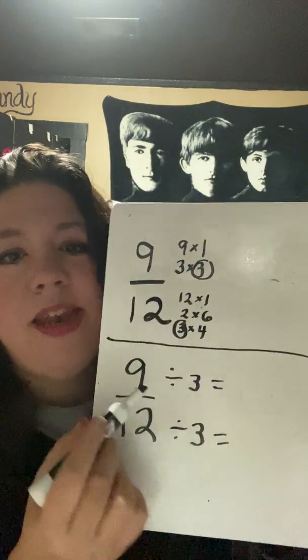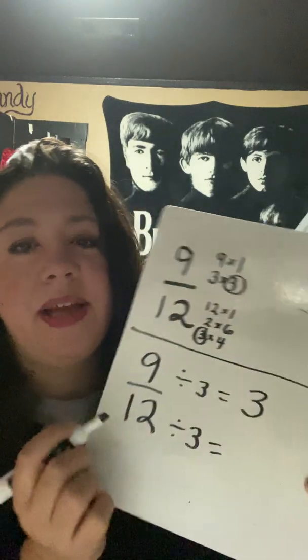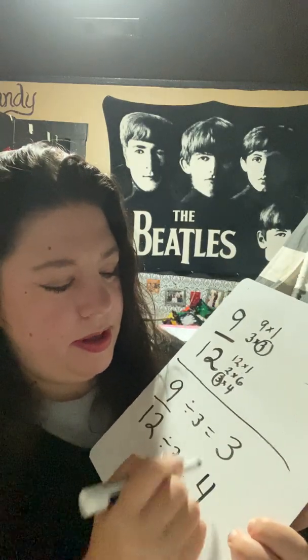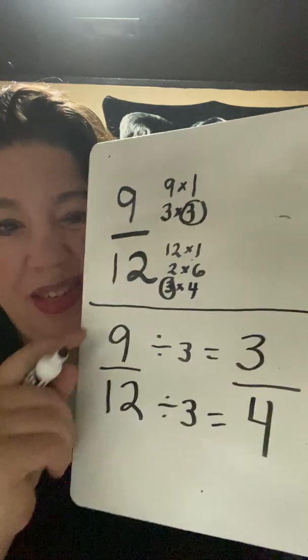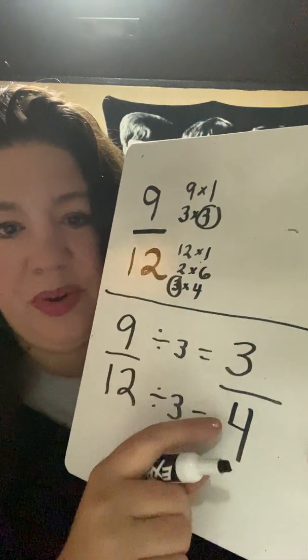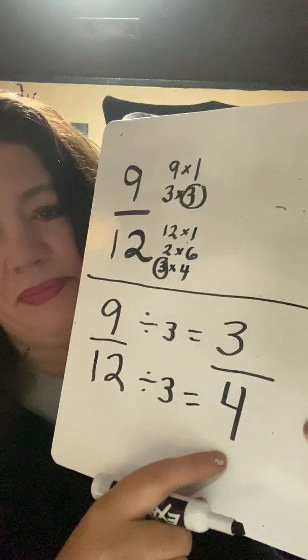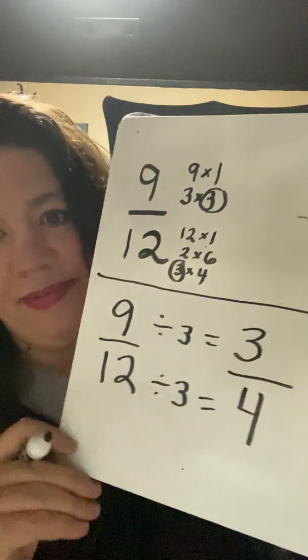Well, 9 divided by 3 is 3, because 3 times 3 is 9. And 12 divided by 3 is 4, because 4 times 3 is 12. So the simplest form of 9/12 is 3/4. That equivalent fraction is the simplest form of 9/12.